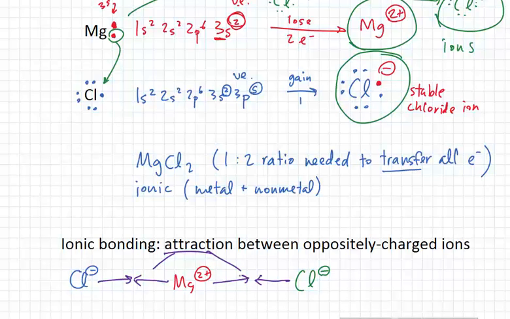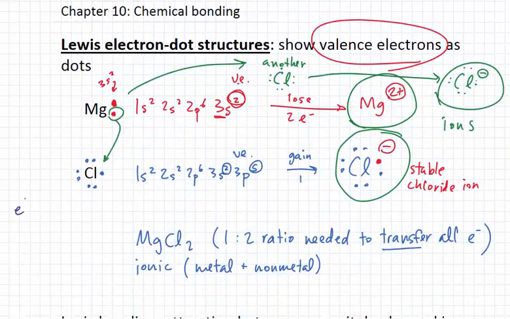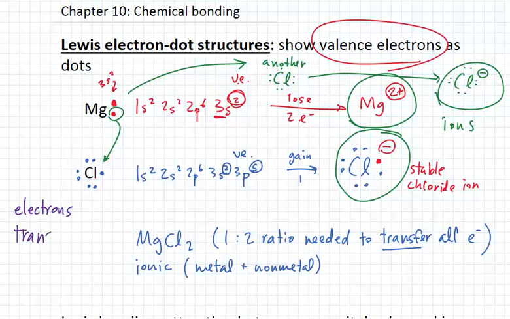So we had to transfer electrons. What does it mean when I say that we transferred electrons? What would be another way of saying that? Gain and lose. Magnesium lost electrons while chlorine gained electrons.